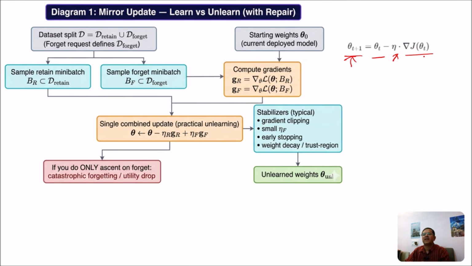If we keep this part aside, the important part of this learning is the gradient. This is called gradient descent due to this minus sign.